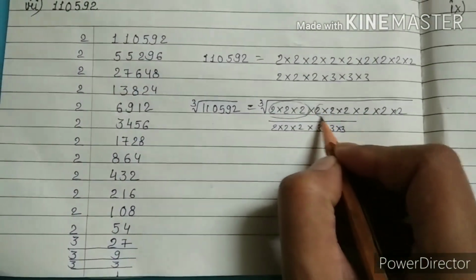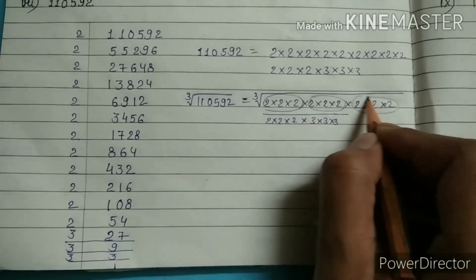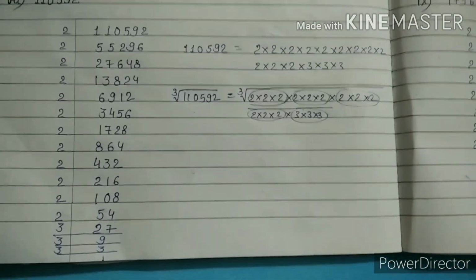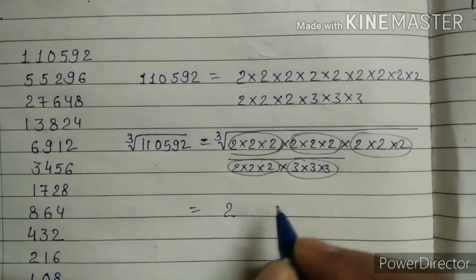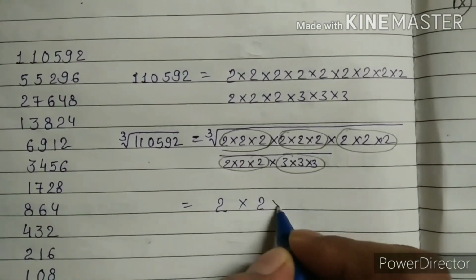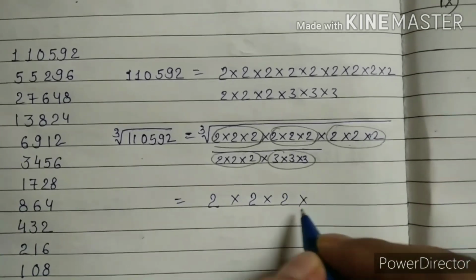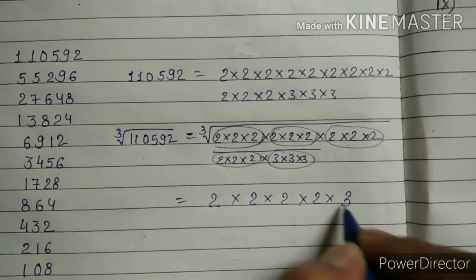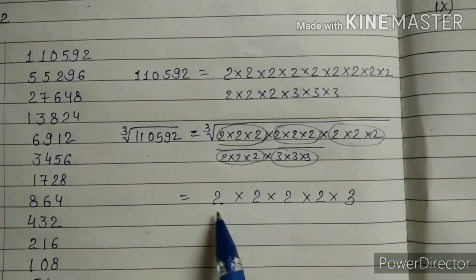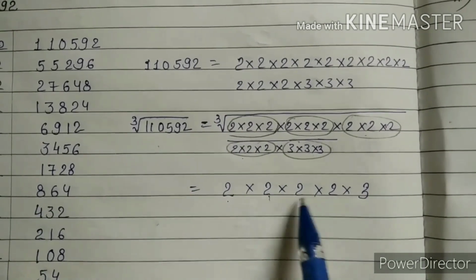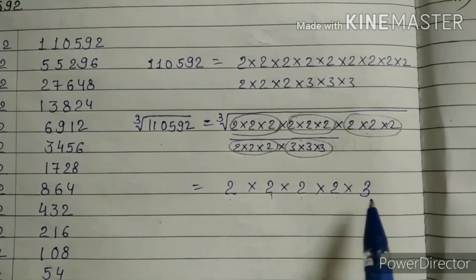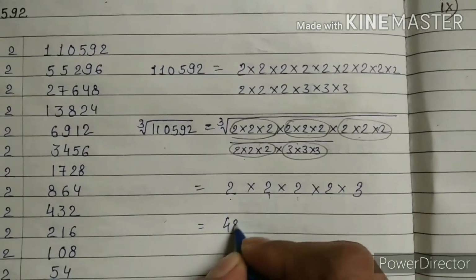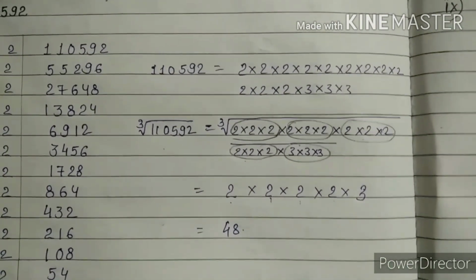So this is the first group, second, third, fourth, and this is the fifth group. The first group will give 1 time 2, the second will give 1 time 2, the third will give 1 time 2, the fourth will give 1 time 2, and lastly it will give 1 time 3. So 2 2s are 4, 4 2s are 8, 8 2s are 16, 16 3s are 48.